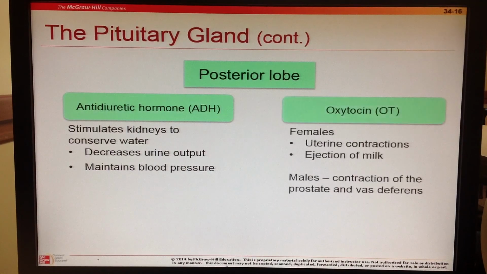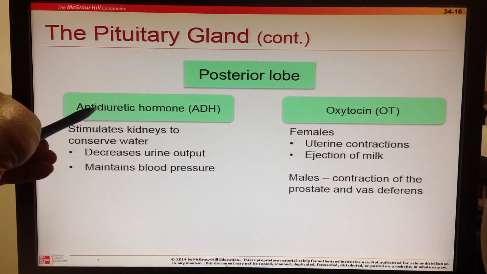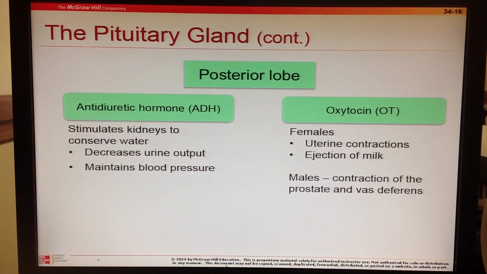The posterior pituitary, remember, only releases antidiuretic hormone and oxytocin. Antidiuretic hormone, which we'll talk about later as well, has to do with a condition called diabetes insipidus. When a patient has low levels of antidiuretic hormone, they have a tendency to have polyuria, or they urinate a lot.